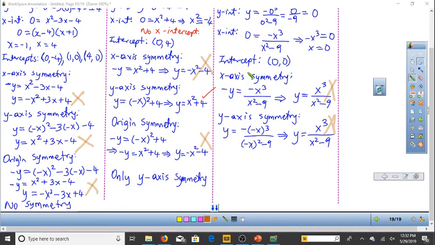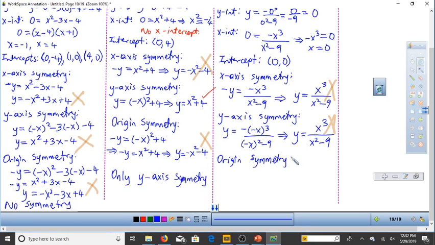Now let's check to see if it has origin symmetry. For the origin symmetry, we replace the y with negative y, and replace the x with negative x, and we simplify.